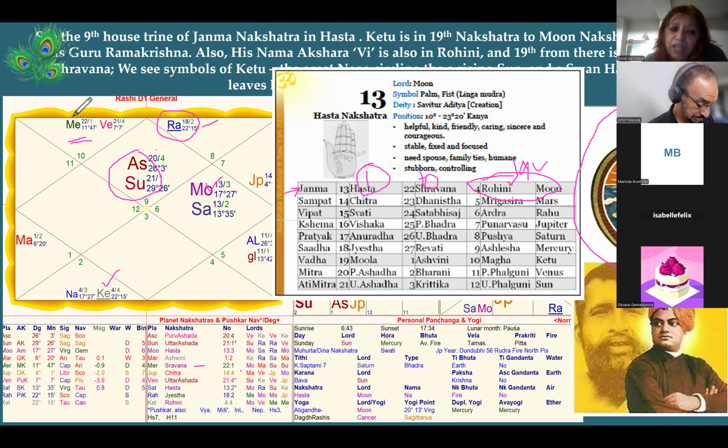And that's what happened when he addressed the convention for the first time in the West, in America. He addressed everyone as brothers and sisters. Everybody got up and gave a standing ovation, because they had never been addressed as boys or girls or ladies and gentlemen, but brothers and sisters.